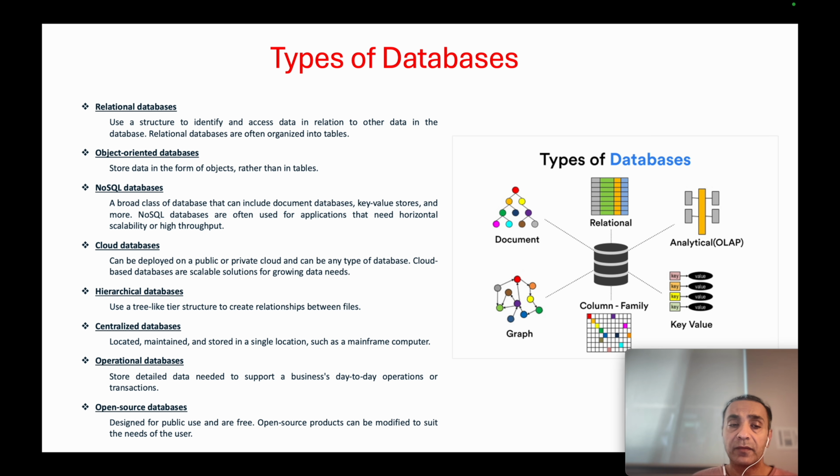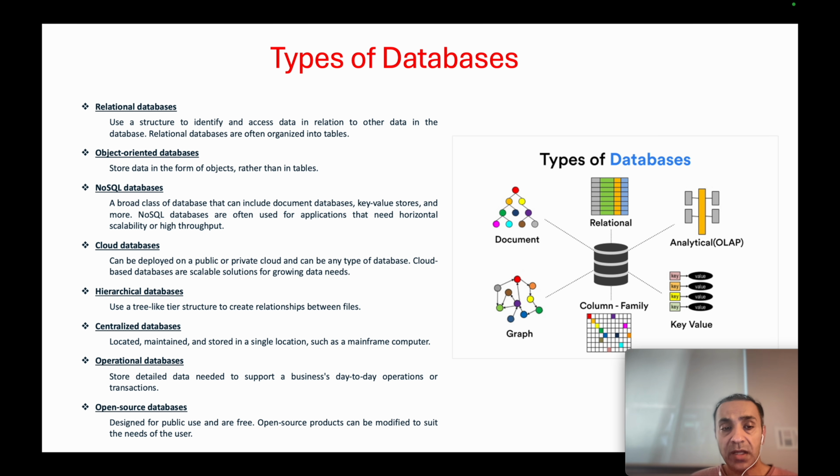We also have cloud databases that can be deployed on a public or private cloud and can be any type of database. Cloud based databases are scalable solutions for growing data needs. There are hierarchical databases that use a tree like tier structure to create relationships between files.